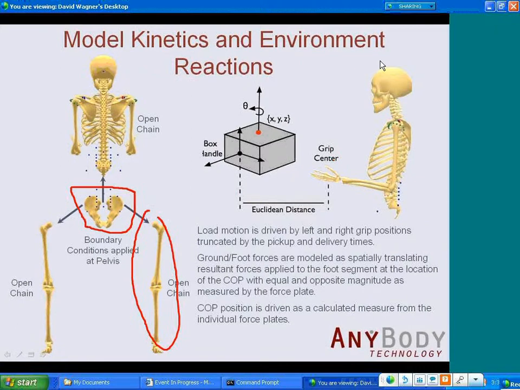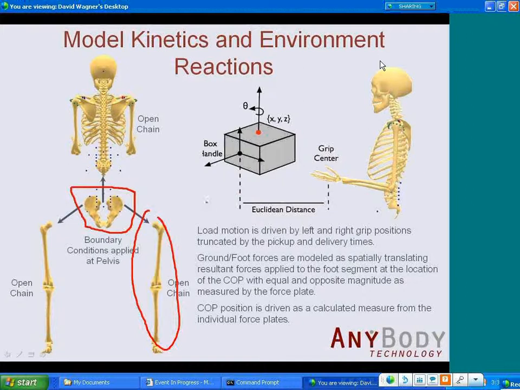There were two box handles and the grip center, and as the Euclidean distance between those grew smaller, when it reached a particular criterion, the box would be lifted, and then the weight of the box would be supported by the mannequin, where previously it would be supported by the shelf.